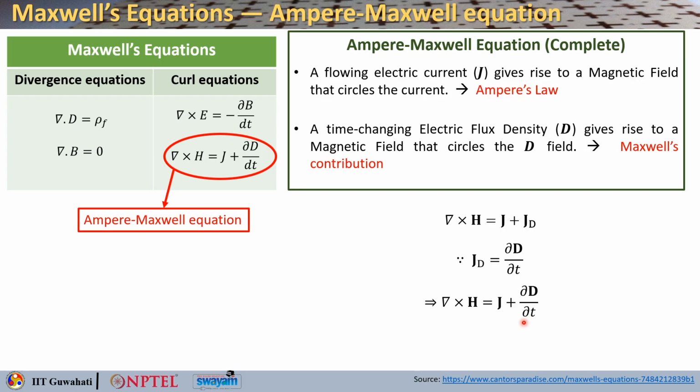So, this term will give you plus dou rho dot T, this minus dou rho dot T and this plus dou rho dot T will give you 0, and that is how this equation is also satisfied. So, the fourth Maxwell's equation is telling you that the magnetic field can be generated in two ways, namely with electric current as well as changing electric field.